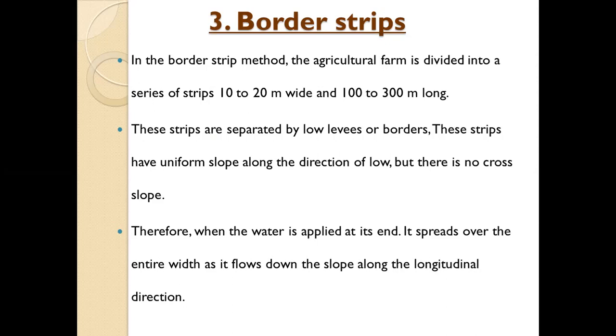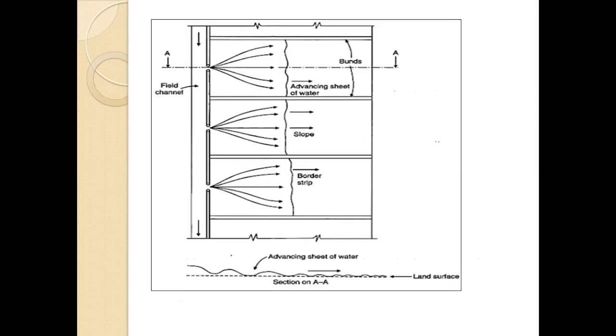So it is easy to supply water all over the agricultural farm because of the slope provided in the longitudinal direction. The water spreads over the entire width naturally, because we provided a slope along the longitudinal direction, so it automatically spreads all over the farm. The figure shows the border strips provided, with the slope provided.